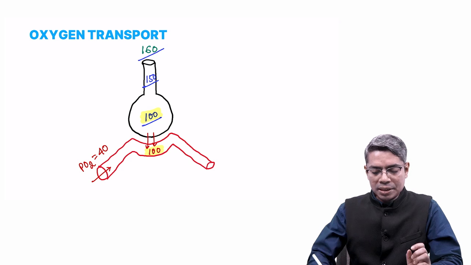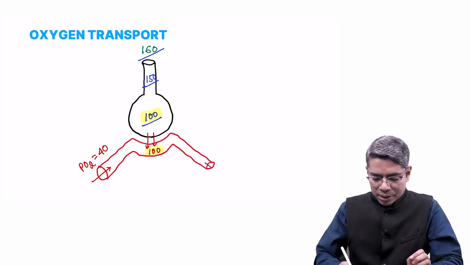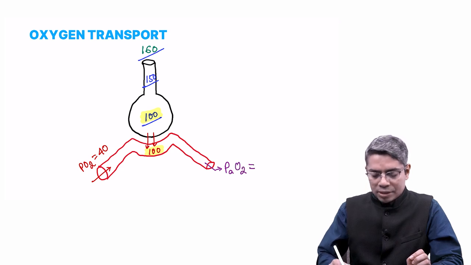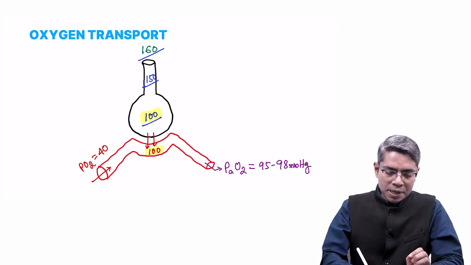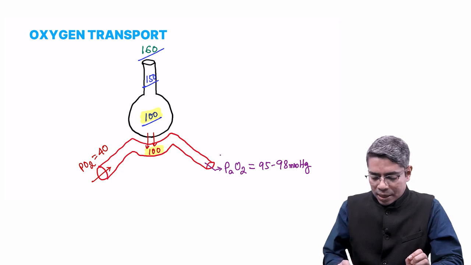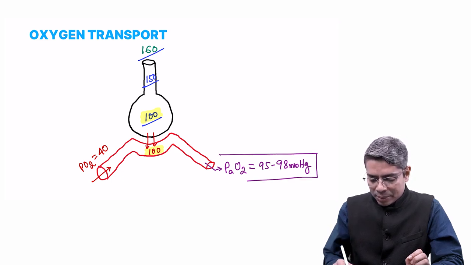But I told you in the last class also that the partial pressure of oxygen in the arterial blood is not exactly 100, it is around 95 to 98 millimeter of mercury, and that is due to physiological shunt.